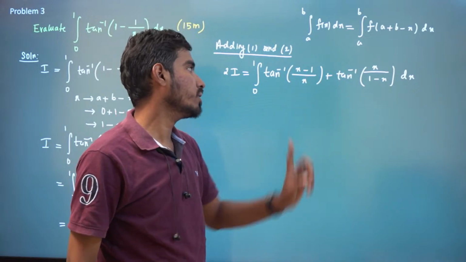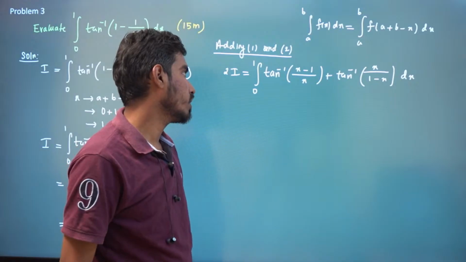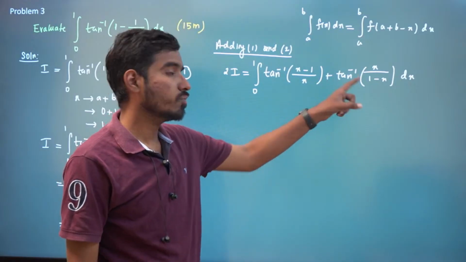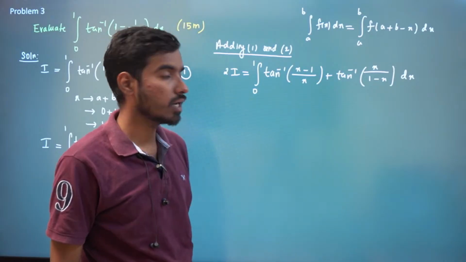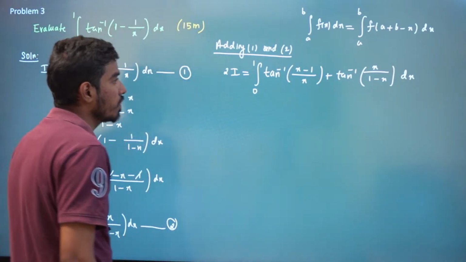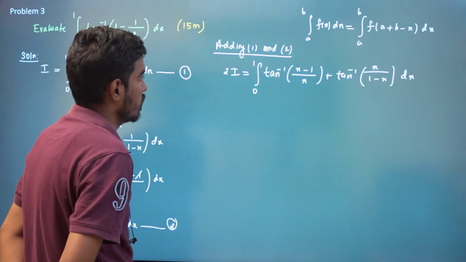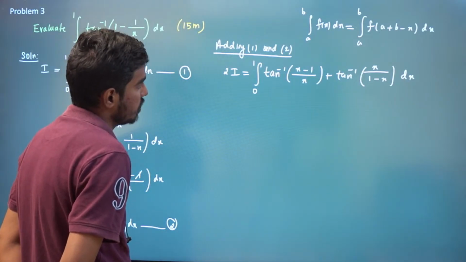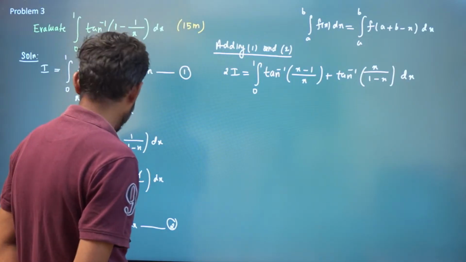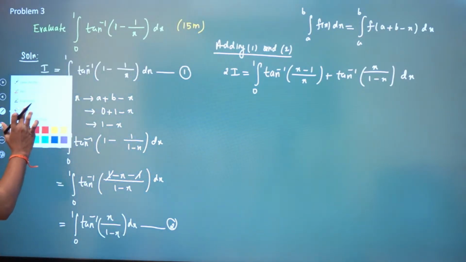Here x into y will be equal to what? It will be minus 1, right? It has to be less than 1, right? xy is less than 1, then only you can apply that formula. But we know the other result. Which is tan inverse of x plus tan inverse of, and this is x by x minus 1, right?